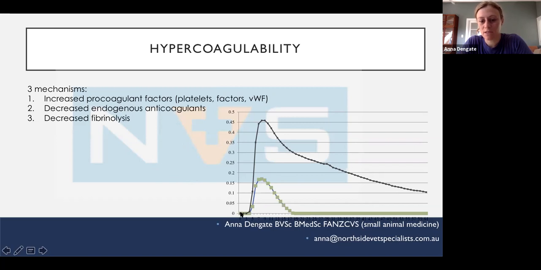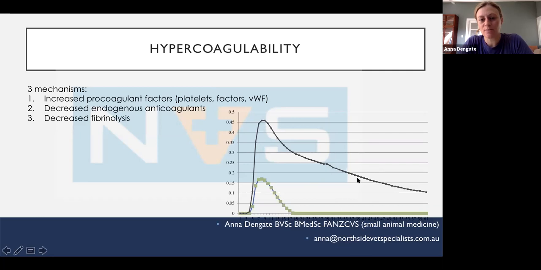This is a dog with Cushing's, where the clot formed slightly sooner, only by a couple of minutes. The amount of clot formation was much higher, so the clot was double as dense, and we watched it for an hour, and it never fully broke down. So really delayed fibrinolysis in this dog with Cushing's, and in all dogs with Cushing's, in fact.